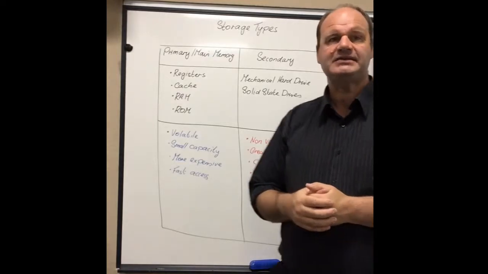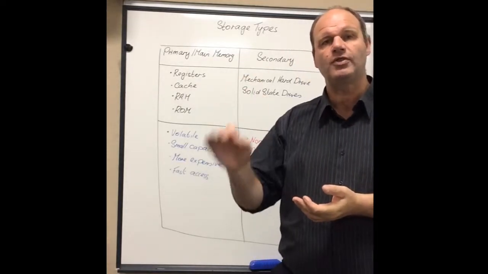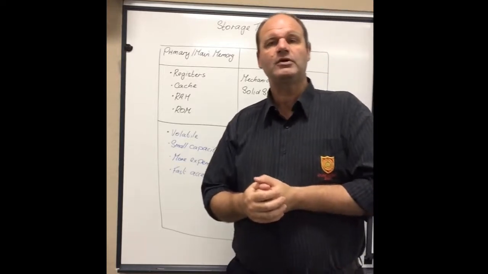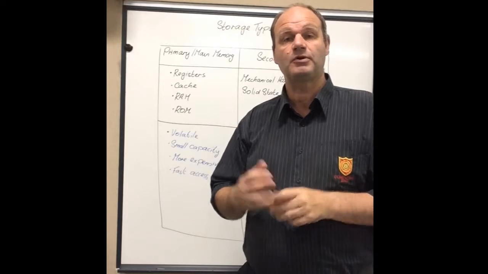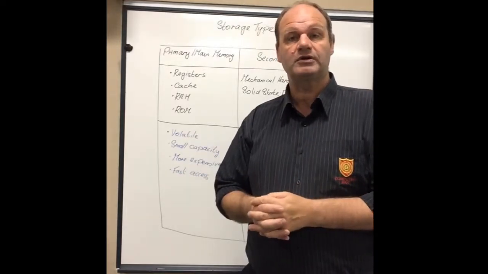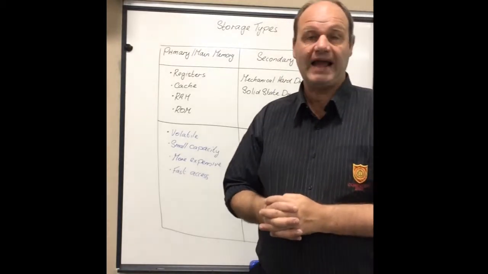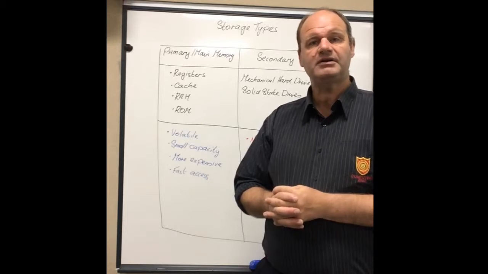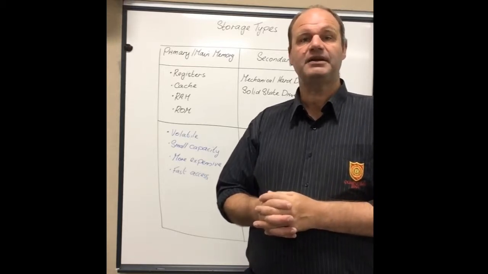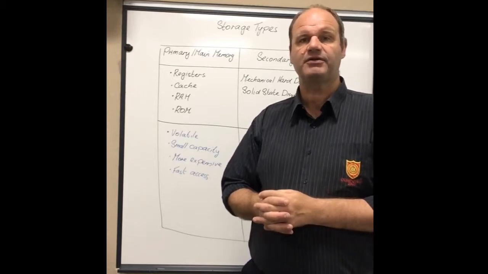RAM is essentially an electronic card which is attached to the motherboard. When we looked in class at the various parts of a computer, you will recall that you looked at some RAM. 8 gigabytes is often ample on any computer, and the current RAM standard is DDR3, which is double data rate 3.